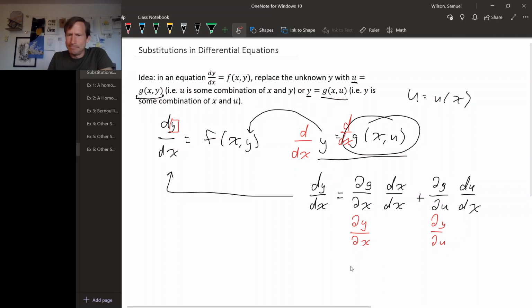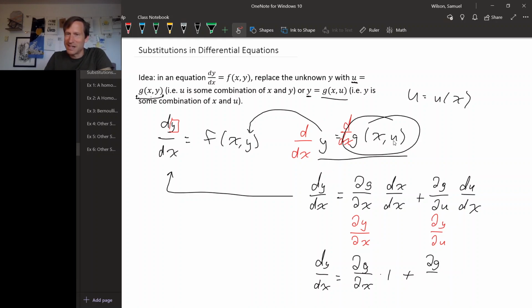So dy/dx is the derivative of this function g, which remember, is representing some combination of x's and u's. So take the derivative of that with respect to x, multiply by dx/dx, which is 1, plus the derivative of this combination of x's and u's with respect to u, times du/dx.